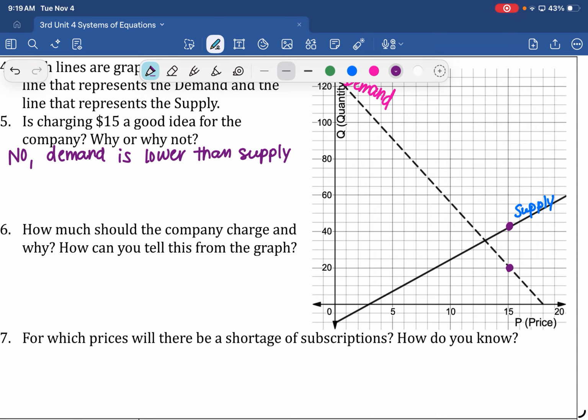Okay? How much should the company charge? 13. Okay. Why is 13 good? Yep, because that's where our supply and demand is the same.